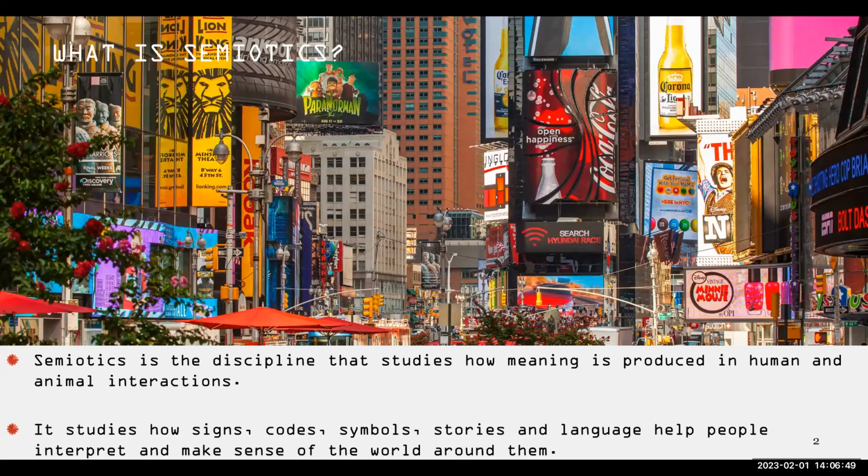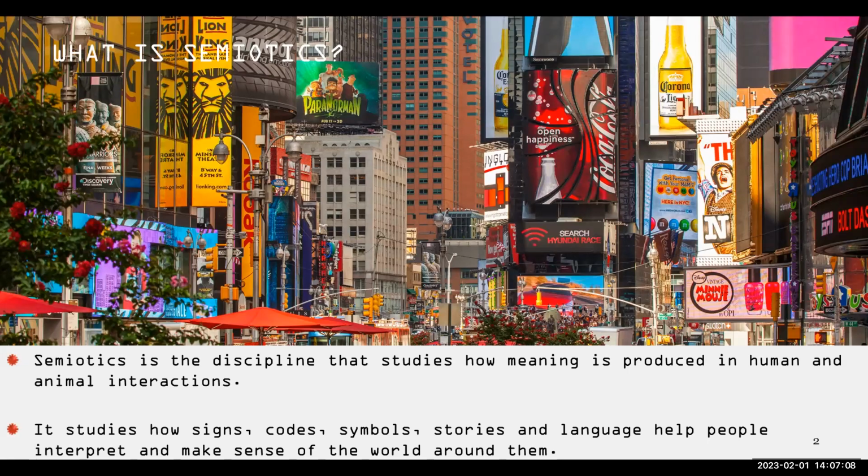Semiotics is a discipline that studies how meanings are created in human and animal interaction, because we are all communicating to each other with various signs and symbols. And how are those signs and symbols gathering those meanings? Because they don't just happen.